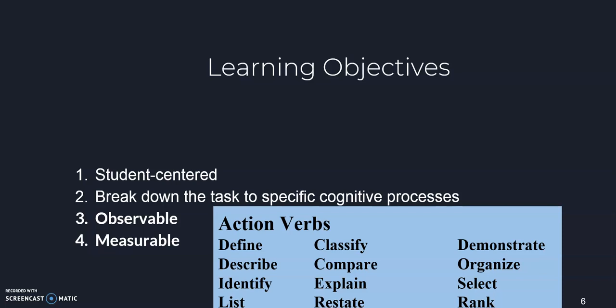So, for instance, the student will be able to list the steps of the water cycle, or maybe we want them to describe the water cycle, or we want the students to organize sentences so that it's in the form of a typical paragraph, starting with a topic sentence and supporting sentence and ending with a concluding sentence. So we want them to be observable and we want it to be measurable.